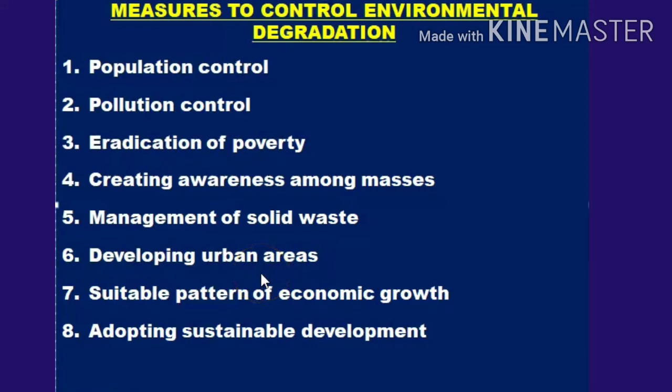And a suitable pattern of economic growth. The pattern adopted to achieve economic development should be environment friendly, which does not deplete natural aspects. So the measures which combine command and control methods to protect the environment should be initiated.